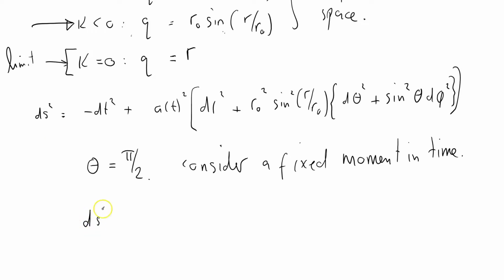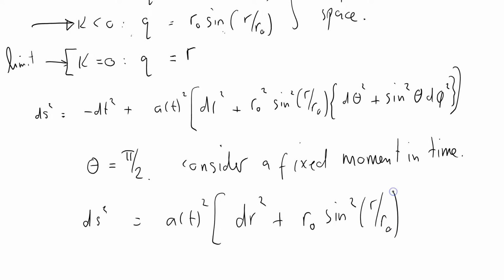So ds squared equals, and then this term is gone, that term's gone. A of t squared times dr squared plus r0 squared sine squared r over r0. And then of course theta equals pi by 2 tells me that d theta equals 0, so I can ignore that term as well.